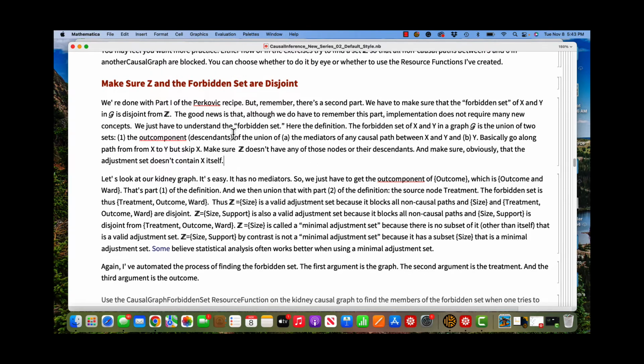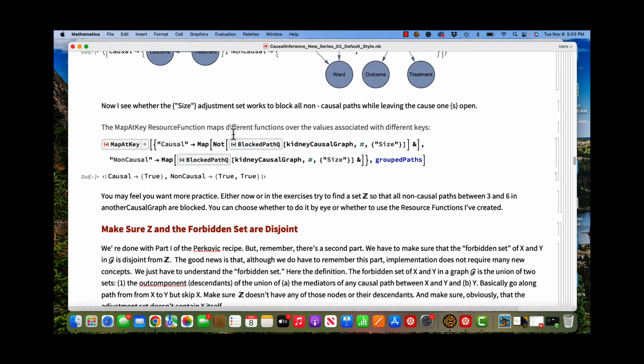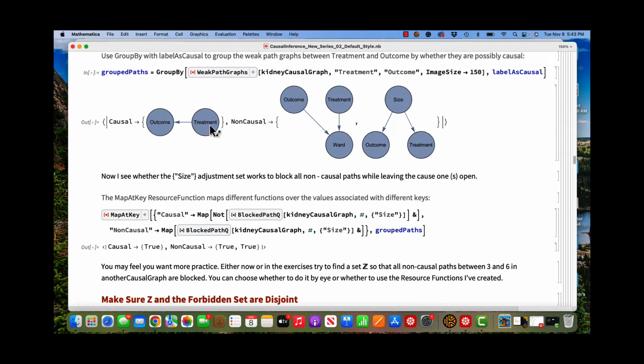And so let's look at our picture. Let's look at our causal graph, or I'm sorry, our causal path, which is treatment to outcome. So we skip treatment, we go to outcome, and we certainly don't want to include outcome as a variable in our regression. That would be ridiculous because then we would be predicting outcome on outcome.